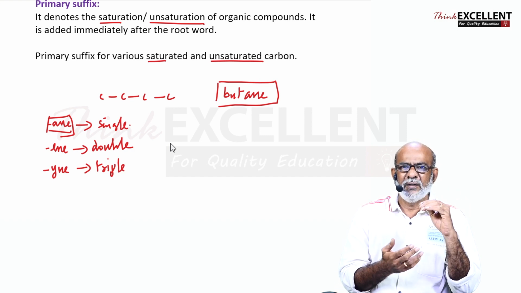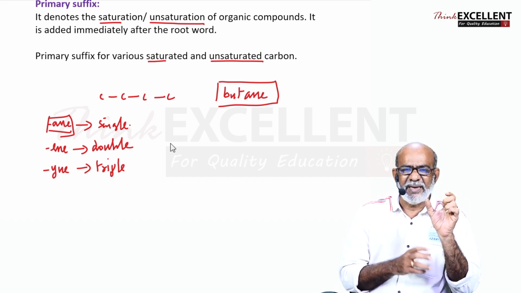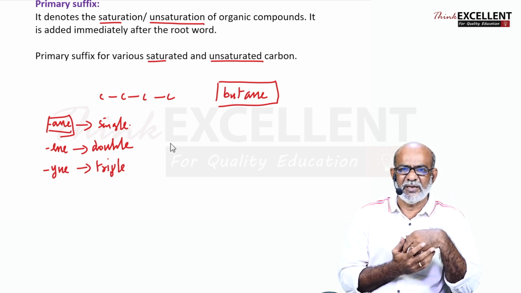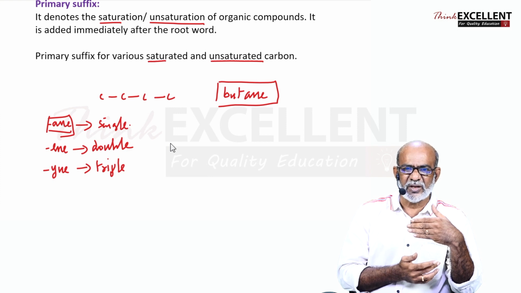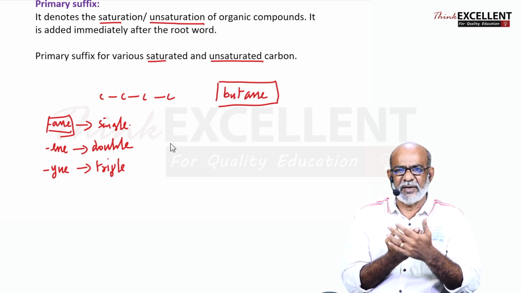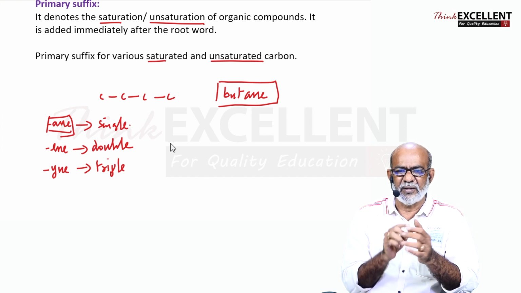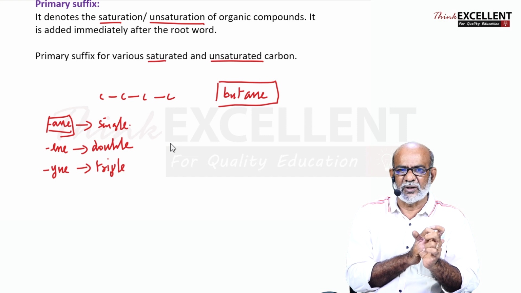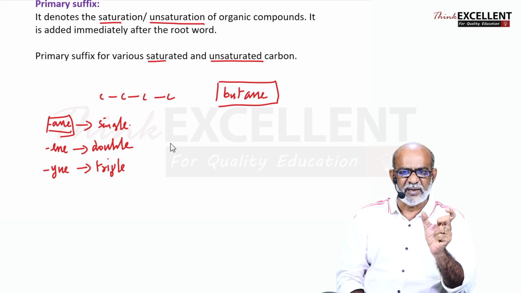If any carbon-carbon bond is a double or triple bond, it is called unsaturation. If it is saturated, all carbon-carbon bonds are single and the suffix is ane, which you write immediately after the root word. So the root word for 4 carbons is but.